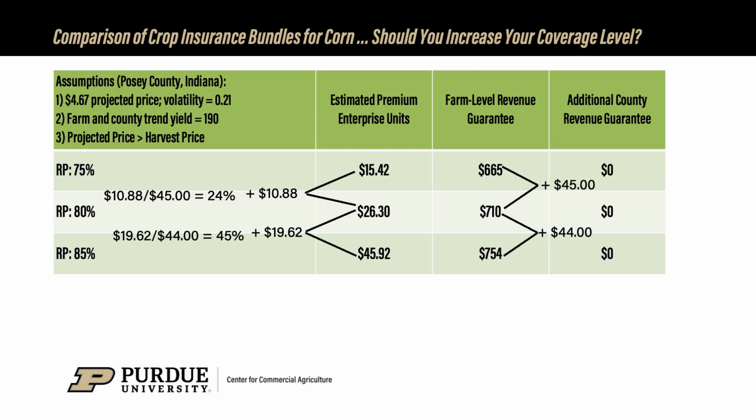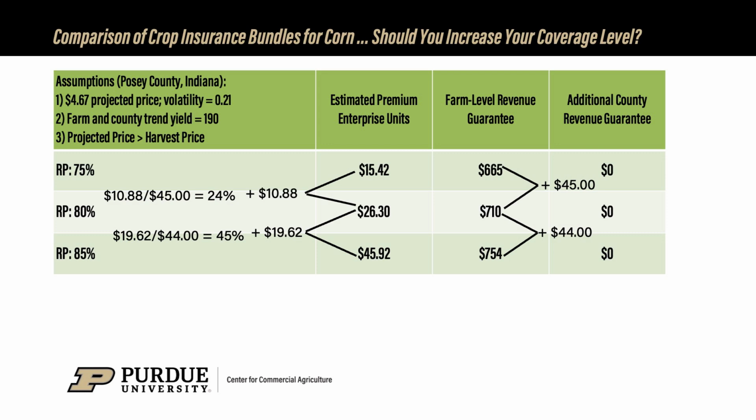Let's start with 75%. The 75% product is approximately $15.40, and you have a revenue guarantee of $665. As you move to 80%, you get about an $11 jump in premium, but you also get about a $45 jump in the farm level revenue guarantee.